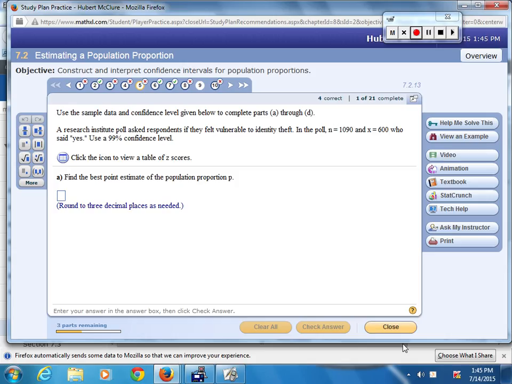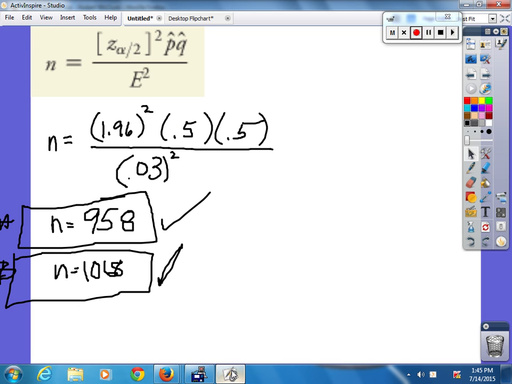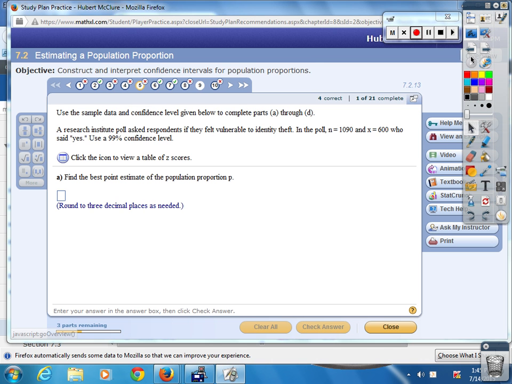So now, you do this. Instead of putting your P up there, you say, okay, P hat is equal to 600 divided by 1090, which is equal to 0.6.